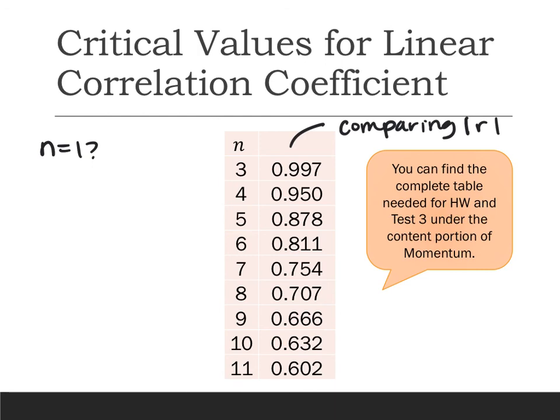I have nothing to help me understand the direction that I should be going. So I've got all these lines that can go through this data point. Positive, negative, a 0. I don't know. Nothing can tell me. So I will never have a sample of size 1.